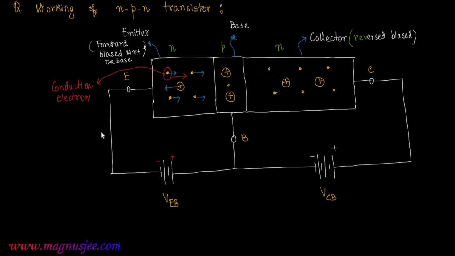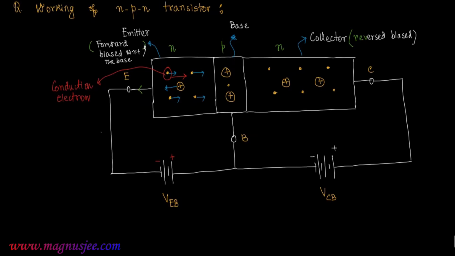And what will be the direction of holes? Holes will be moving away with respect to the base, and holes will be attracted by the negative terminal of the battery. In this case, what will be the direction of current? Current will flow in the opposite direction of motion of conduction electrons.